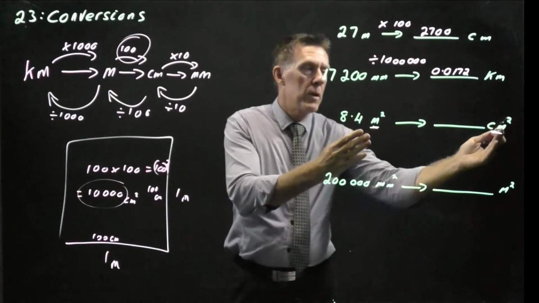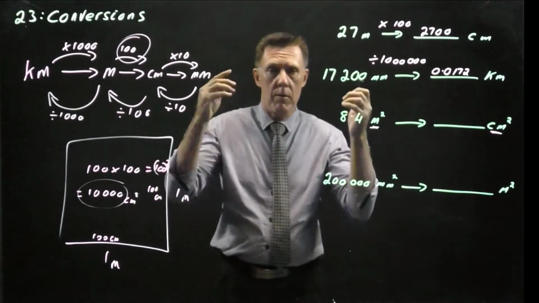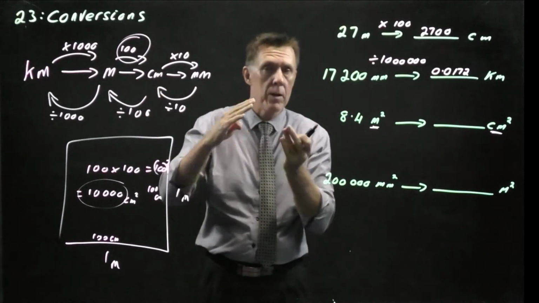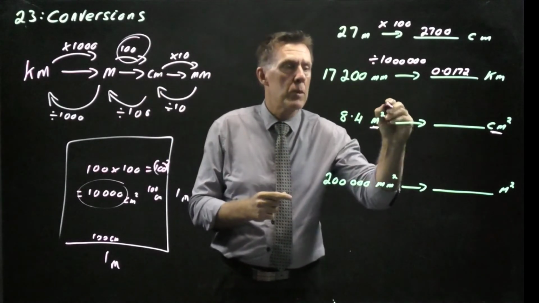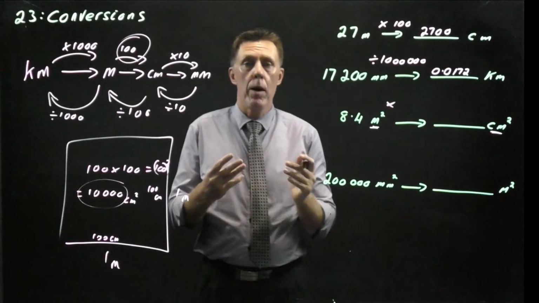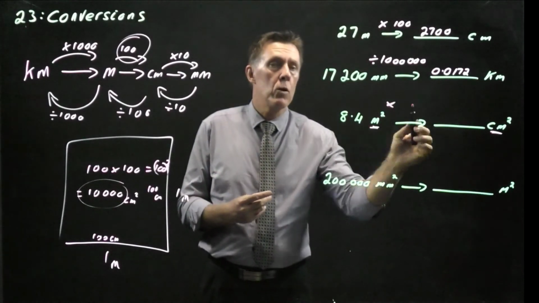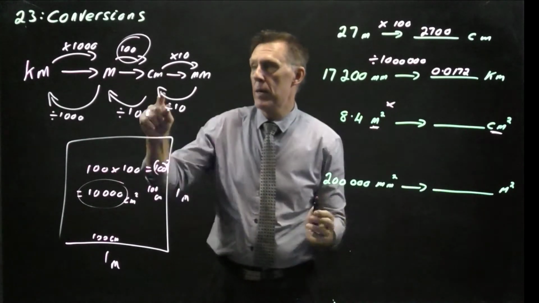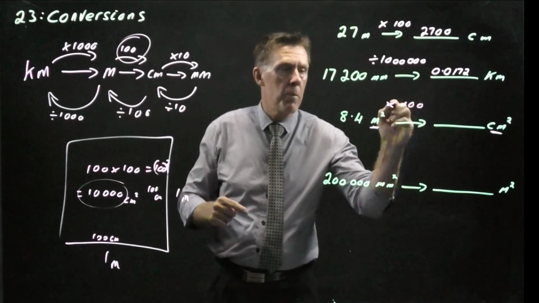We're going from square meters to square centimeters. So we've got from a big name to a small name. So the name's getting smaller, our number's going to have to get bigger. By how much? Well, first of all, ignore the squaring. Meters to centimeters, our conversion factor is 100.